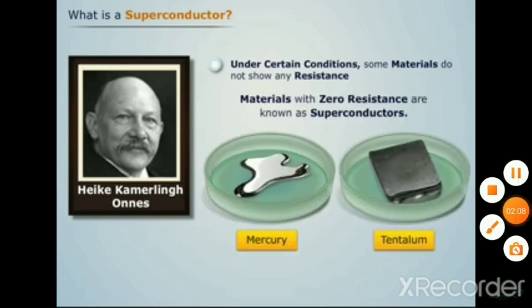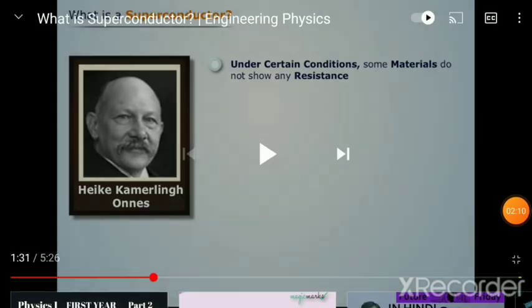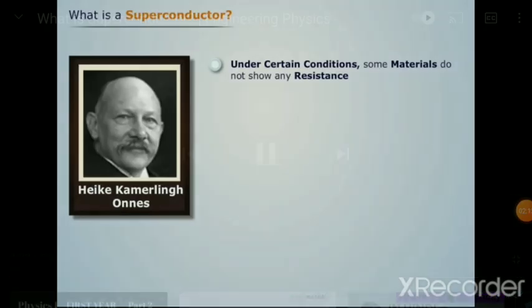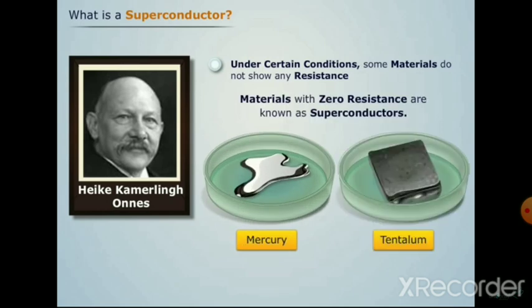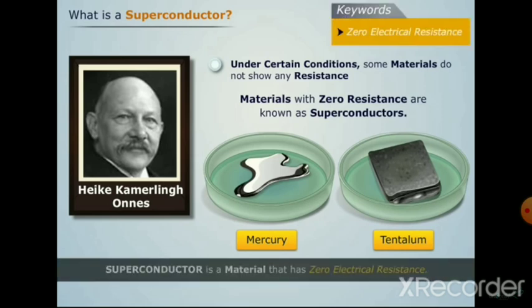Such materials with zero resistance are known as superconductors. Thus, we can say that superconductor is a material that has zero electrical resistance.